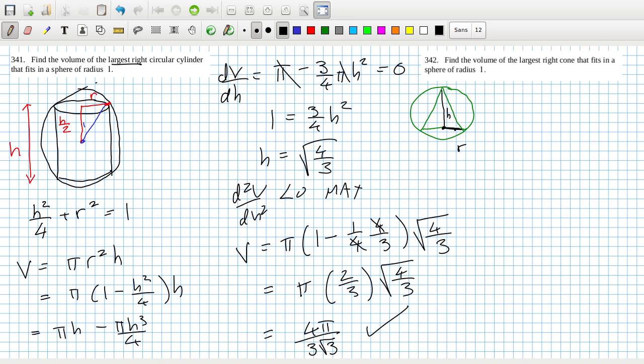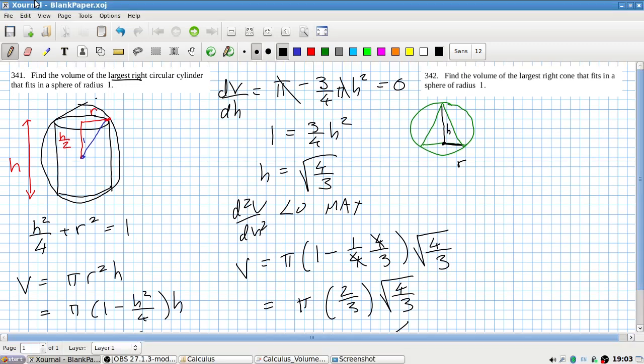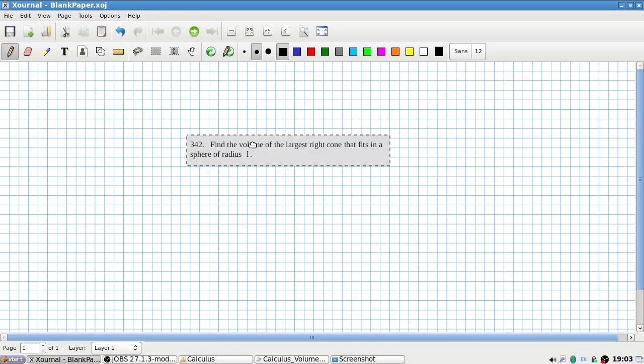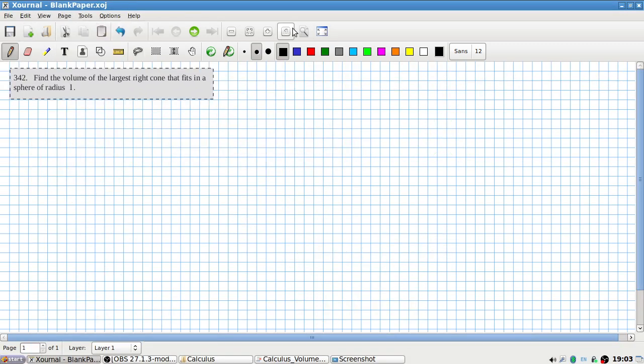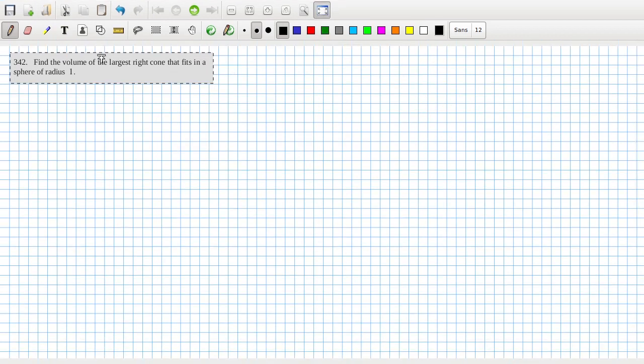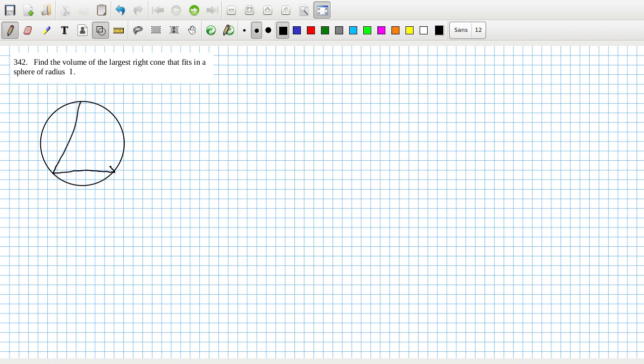Ooh, this one's trickier. Okay. It's not a great picture. Okay, so, right. Height and radius.